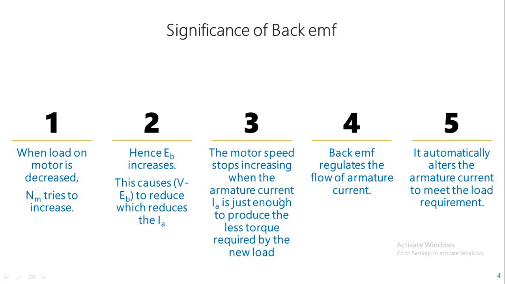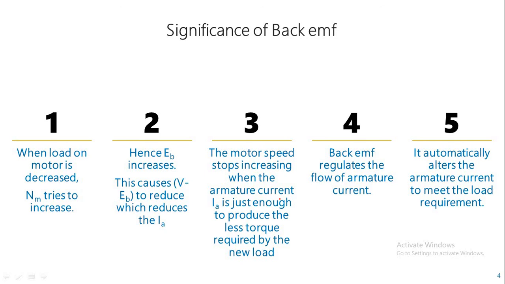Suppose the load decreases, speed is going to increase. If the speed increases, back EMF increases. This causes the armature current to reduce, which means the motor speed stops increasing when the armature current Ia is just enough to produce the less torque required by the new load.